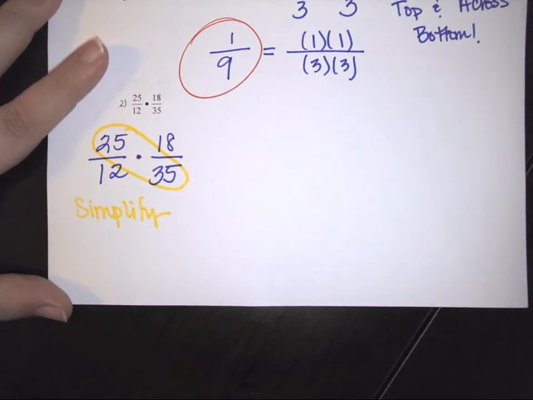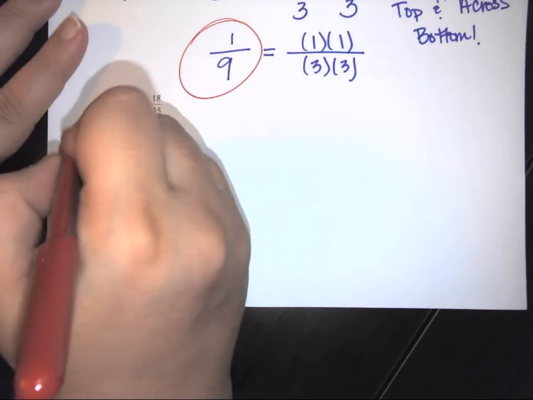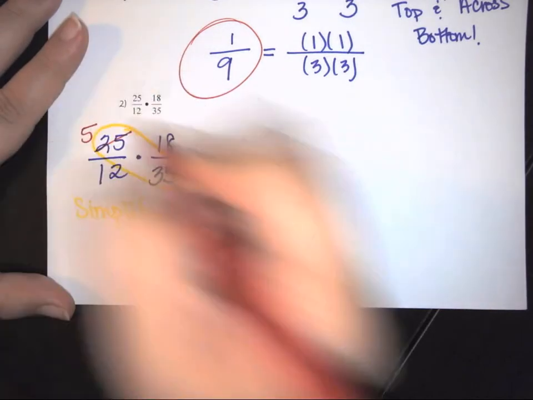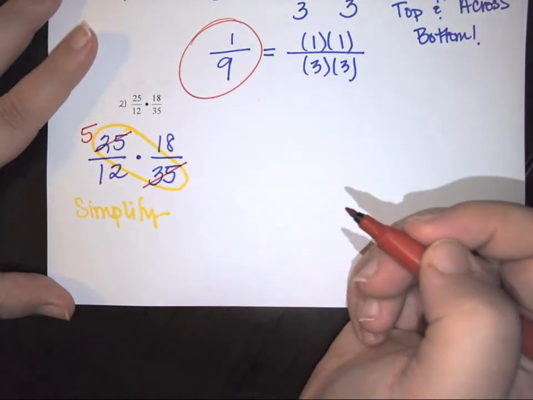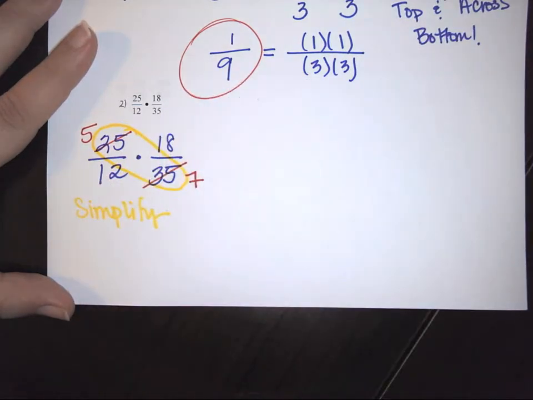So in order to simplify, again, we need to look at what's in common. Both of these end in a 5, so I already know that I can divide a 5 out of both the top and bottom. Take a 5 out of 25, and that's going to leave 5 behind. Take a 5 out of 35, and that's going to leave a 7 behind.